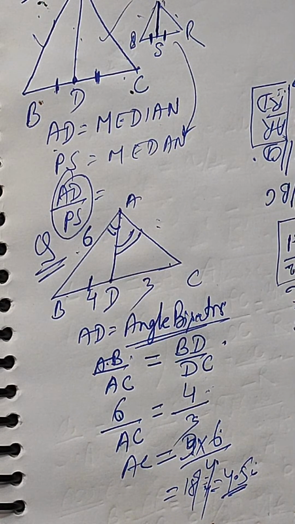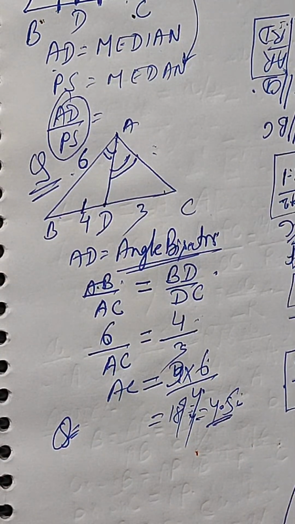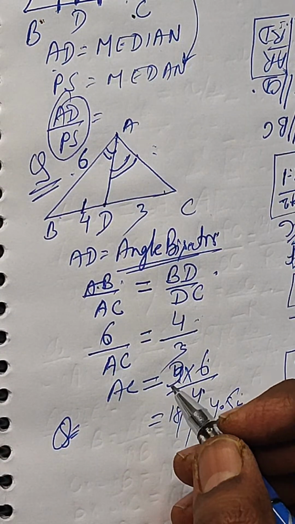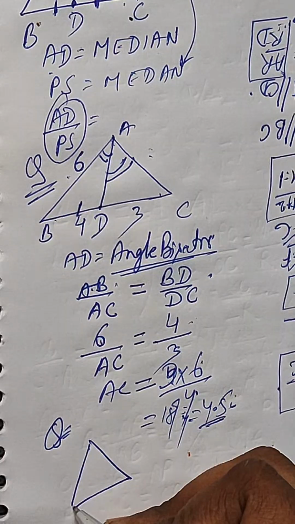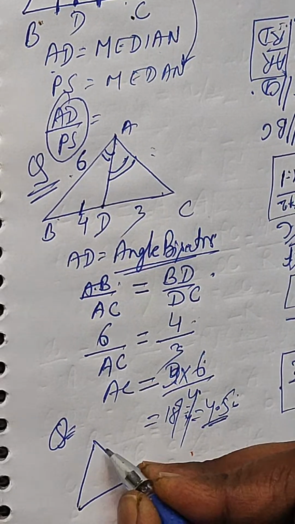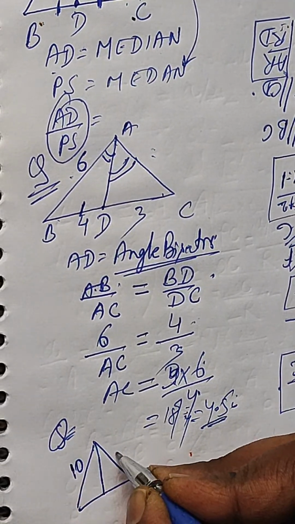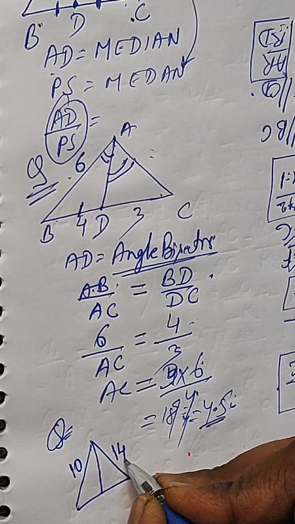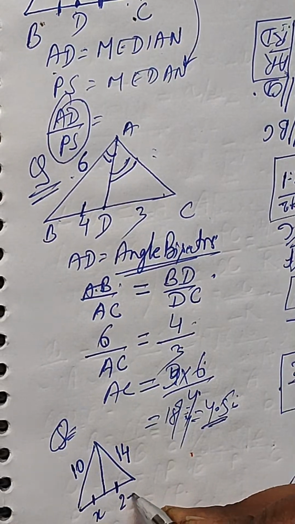If you want to take more, there can be a question which I have taken. It's given that a triangle is there, and this is the angle bisector. The length of this is given as, let us say, 10, this is 14, this is x, and this is 2 minus x.